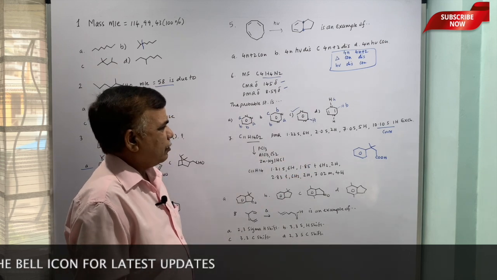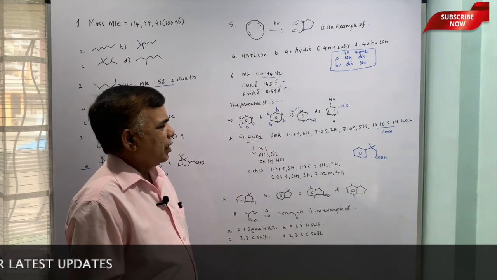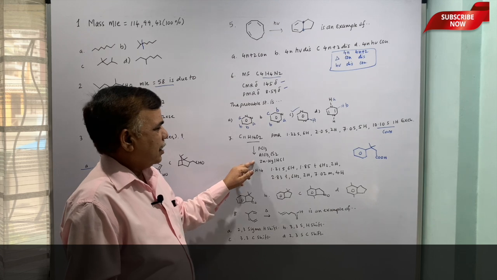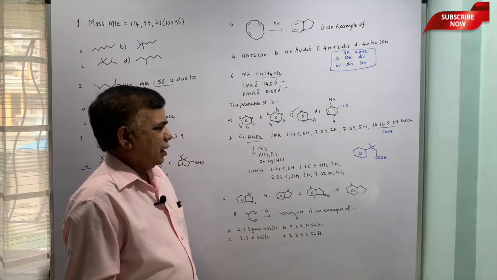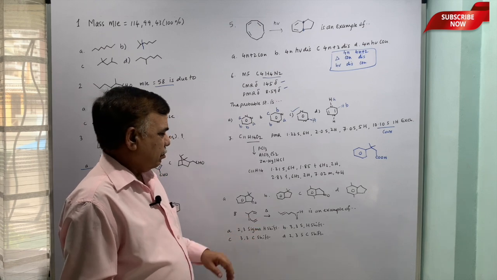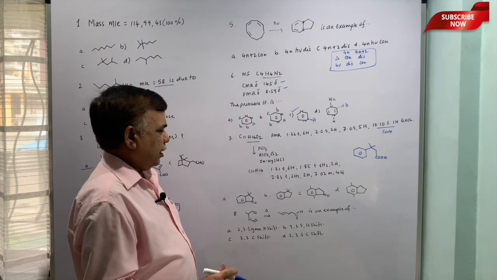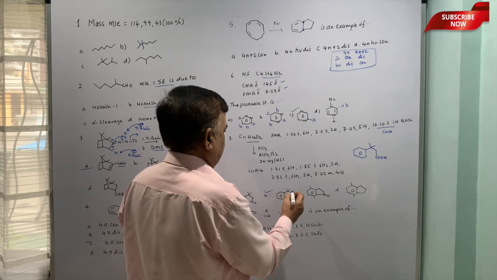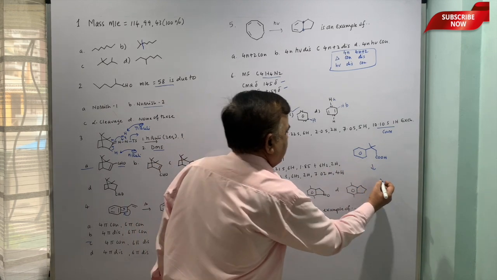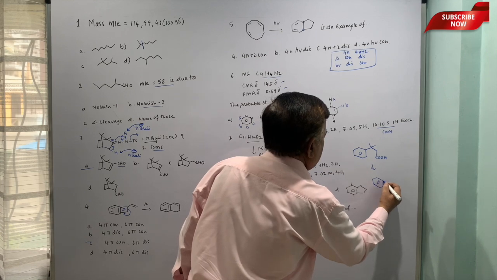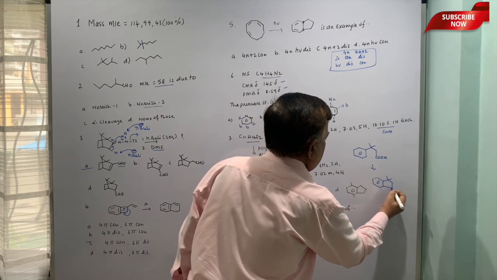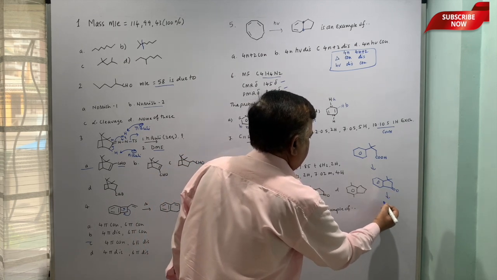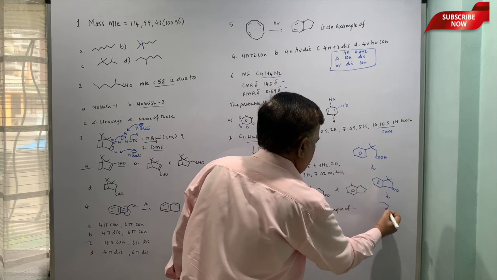PCl5 will make it COCl. Aluminum chloride in CS2 will be your Friedel-Crafts acylation type reaction, so ring closure. Zinc amalgam and HCl will be the Clemmensen reduction. So the correct option has to be this one, because when this cyclizes, first it will become a ketone and then it will become this, so 2 steps are there.